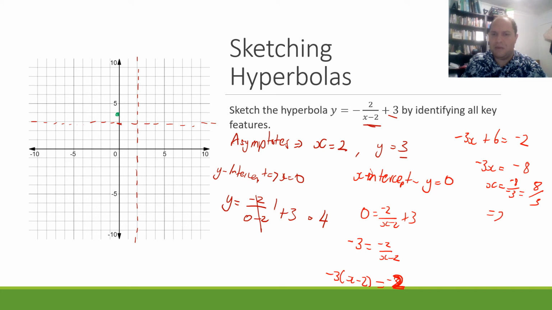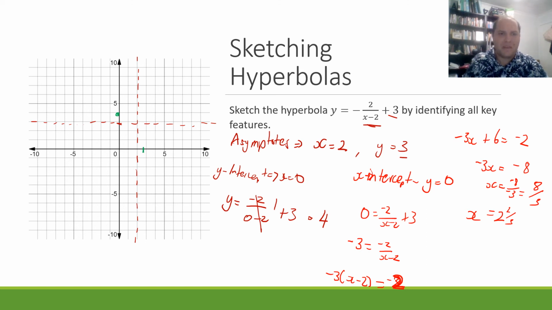What's 8/3? That'll be 2 and 2/3. So our x-intercept is 2 and 2/3, which might be about there.